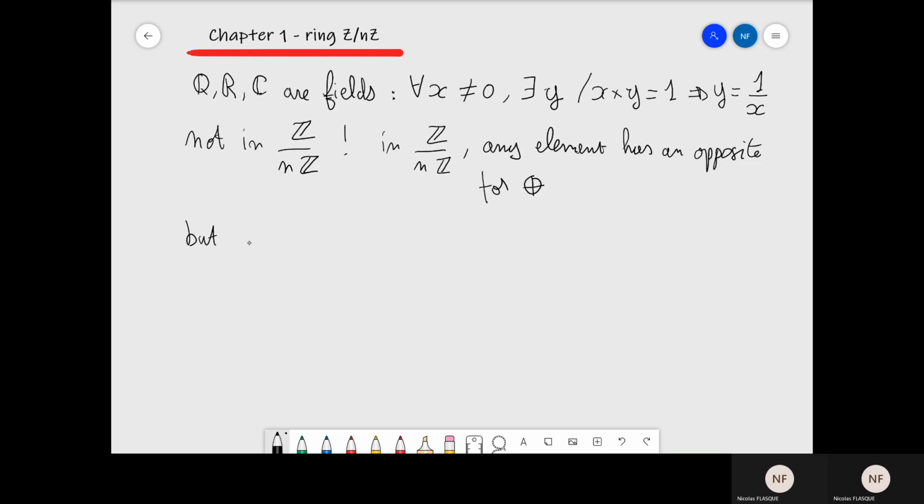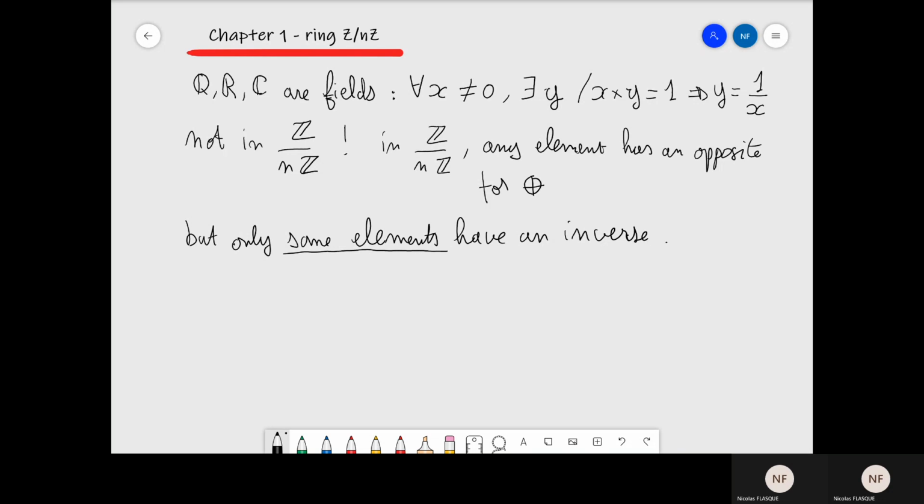But only some elements have an inverse. Not all elements have an inverse.